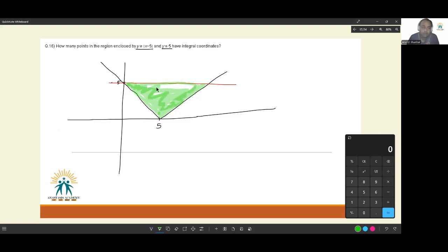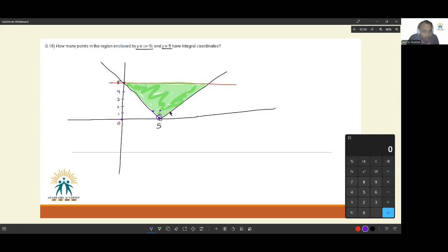Now the perfect way of counting the points in this region is like this. See, this is 1 point. If I go down, there will be 1 point at 0, at 1, at 2, at 3, at 4. If 0, 5 is 1 point, 1, 5 will also be a point.